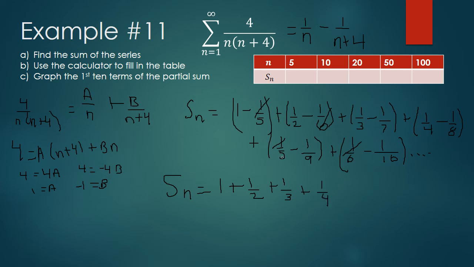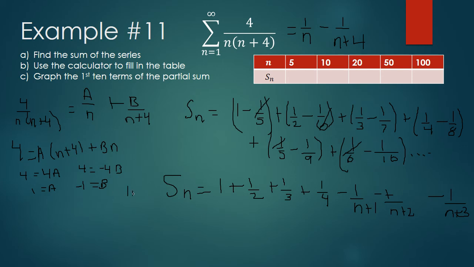That's where I started canceling the 1/5, so I won't have the 1/5. And then minus 1 over n plus 1, minus 1 over n plus 2, and there'll be, let's see, 1, 2, 3 terms, so minus 1 over n plus 3. Did I get that right? No, 4 terms, n plus 4.